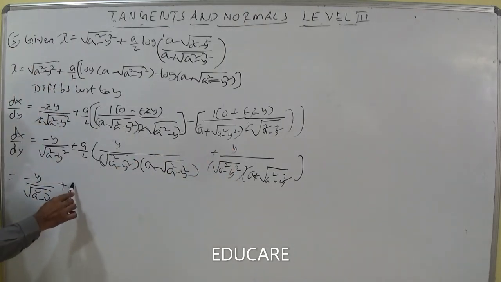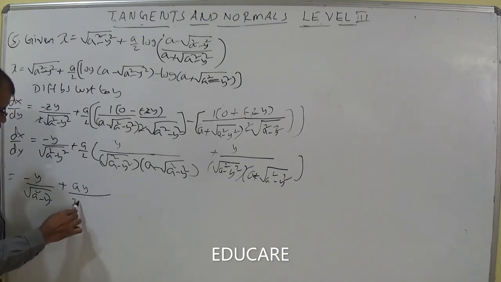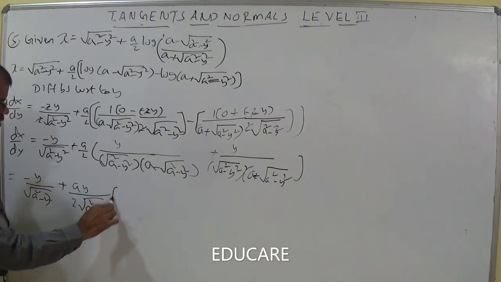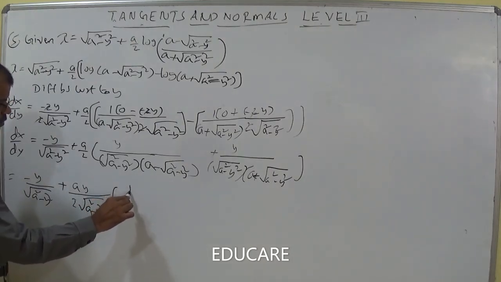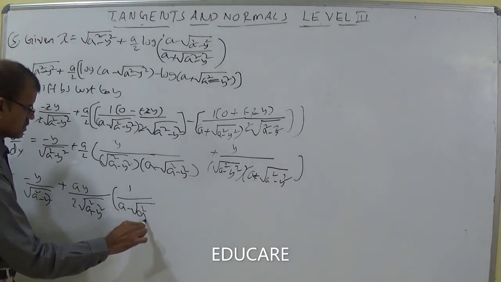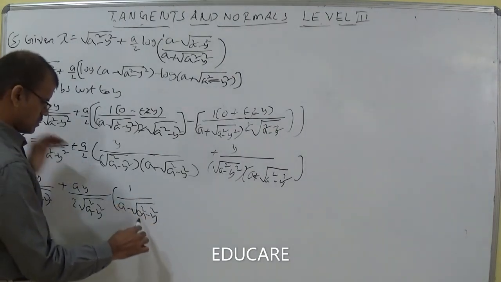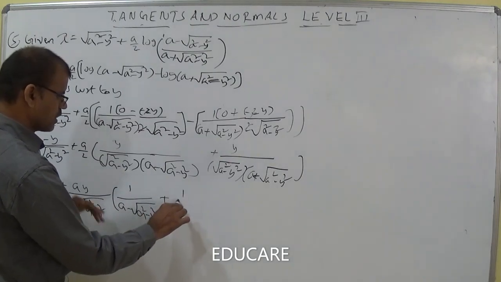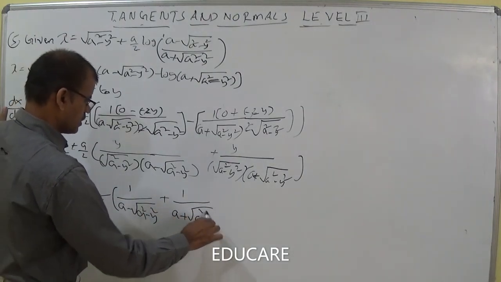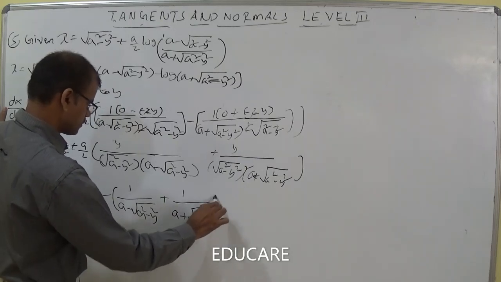You take common ay by 2 root of a square minus y square into 1 by a minus root of a square minus y square plus 1 by a plus root of a square minus y square.